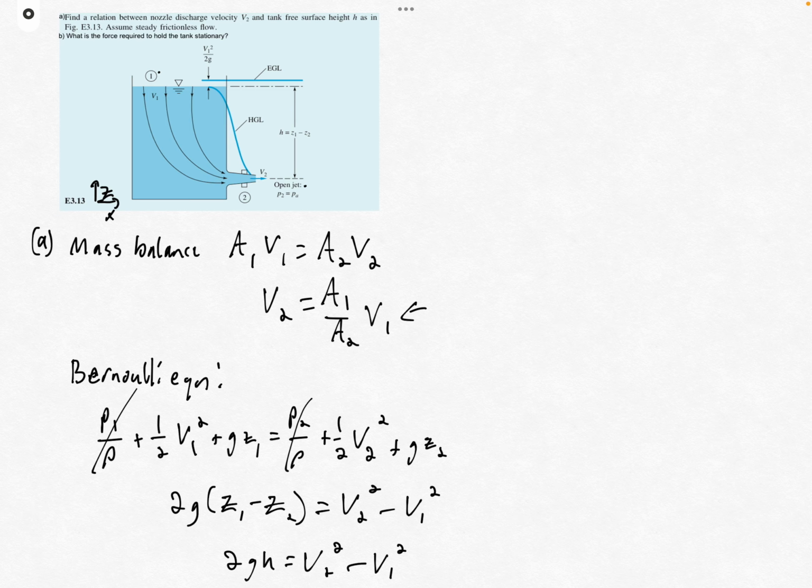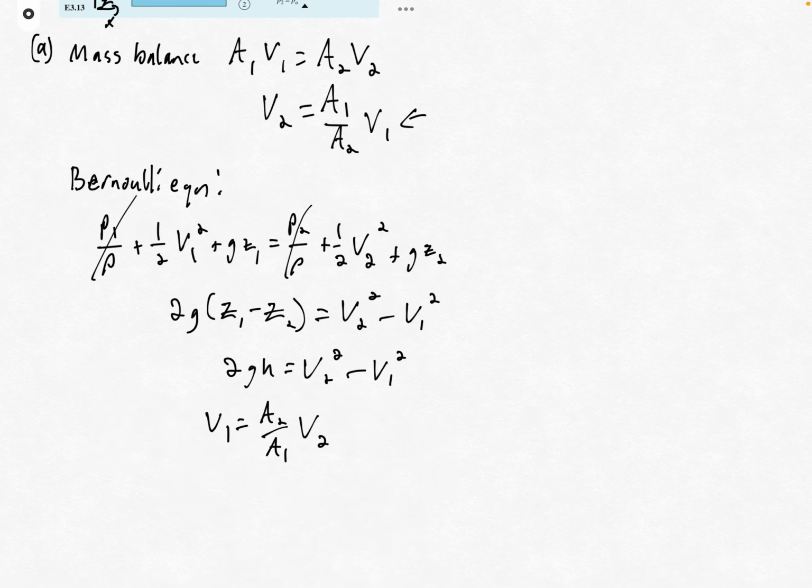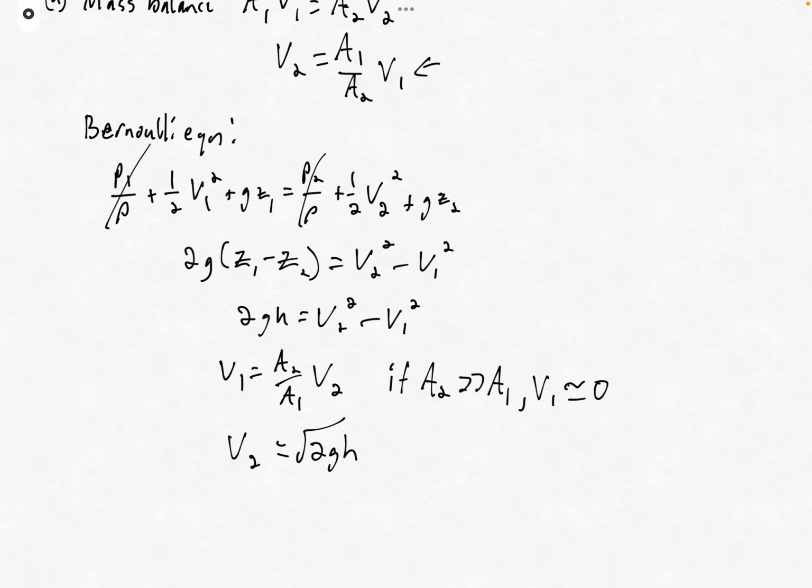So we have this really large tank and typically a really small nozzle or hole at the base of the tank. And so if A2 is much smaller than A1, then we'll get V1 is approximately 0. And then we end up with V2 is equal to square root of 2gH.